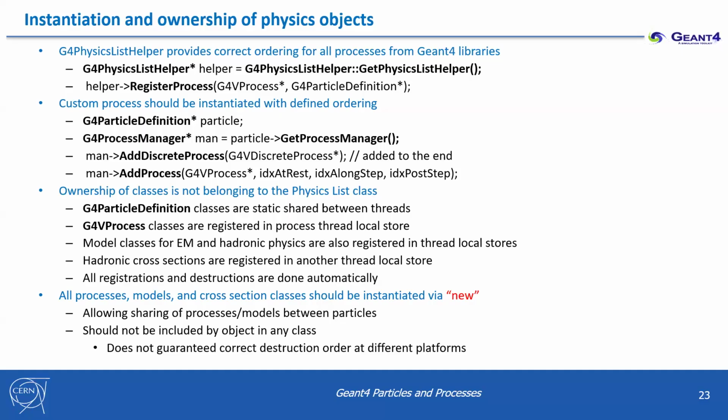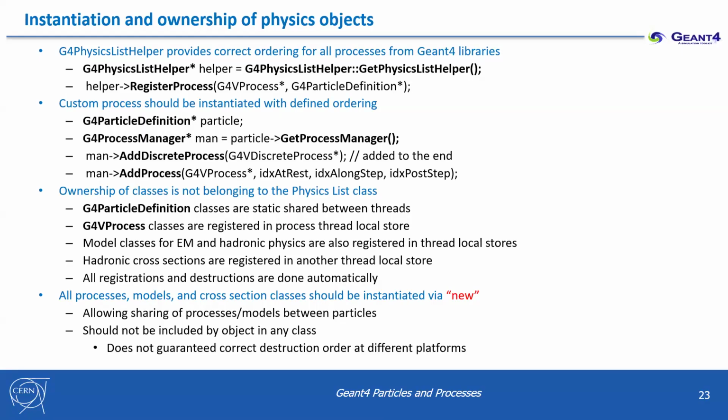You may add, for example, a discrete process. The most general interface when you add a process is that you give ordering parameters for AtRest, for AlongStep, for PostStep. It is not needed if you register a known process to the system.